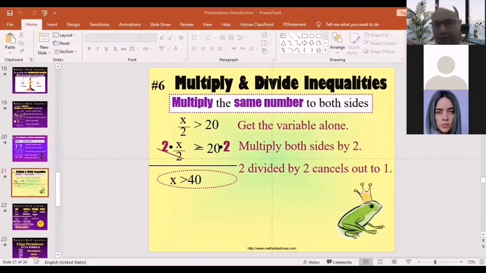Lou, can you read this exercise? Problem number 3. I need to discuss how we can solve this inequality here. This is a real-life problem. Can you read it to discuss the solution here? X over 2 greater than 20. Get the variable alone.